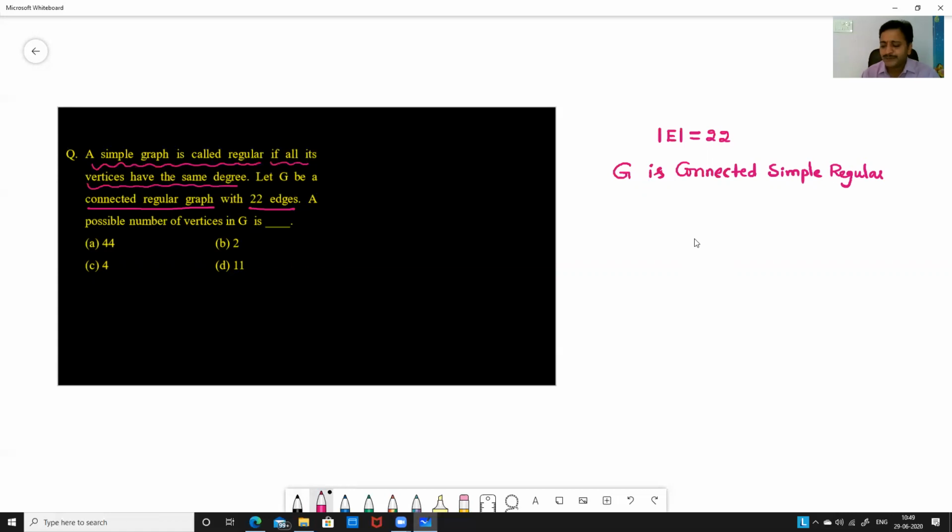Simple means no self loops, no parallel edges. Regular means the degree of every vertex is the same. So here they're asking for a possible number of vertices in G. So what is the cardinality of V? Suppose I am assuming that G is k-regular.